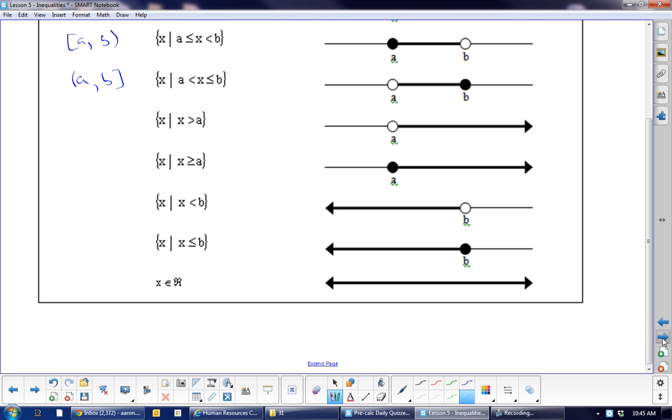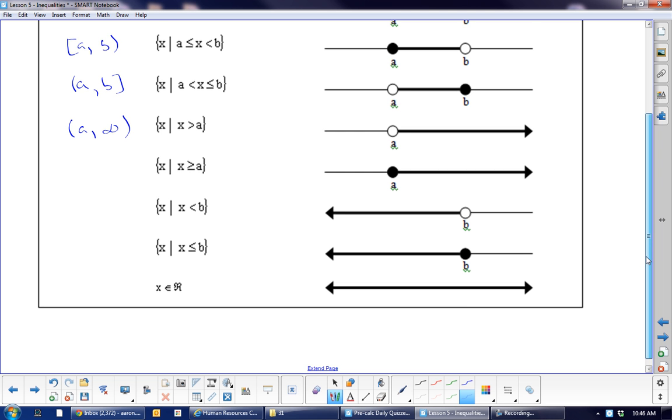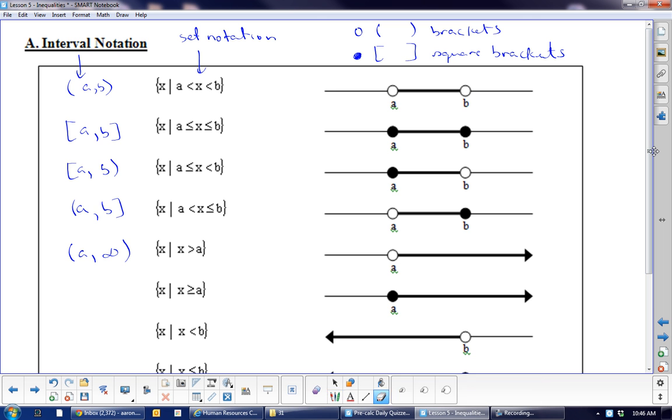Okay, greater than A, we're going to take A and we're going to go to infinity, and we're going to use always round, or open brackets they're called. Okay, so I just want to go up here. The curved brackets are also called open, and the square brackets are also called closed.